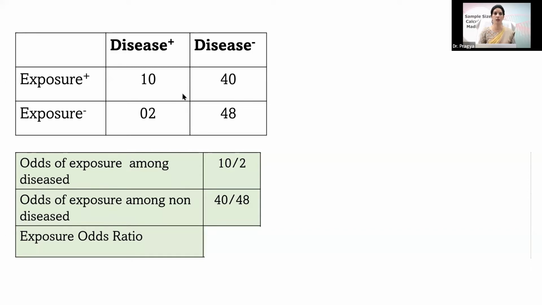Before I ask these questions, I will make it clear that the odds ratio is of two types. There is a disease odds ratio and there is an exposure odds ratio. Disease odds ratio is the odds of disease in the exposed individual, and exposure odds ratio is the odds of exposure in the diseased one.